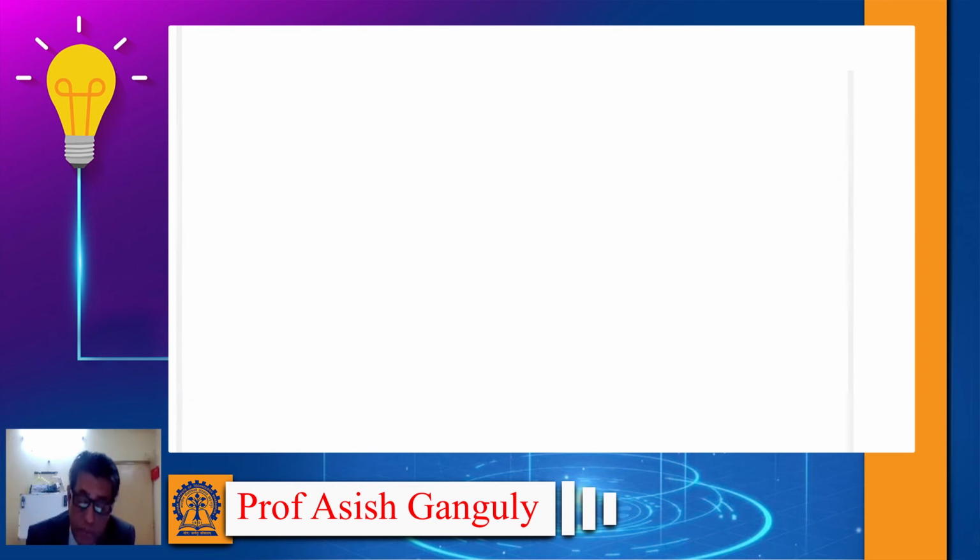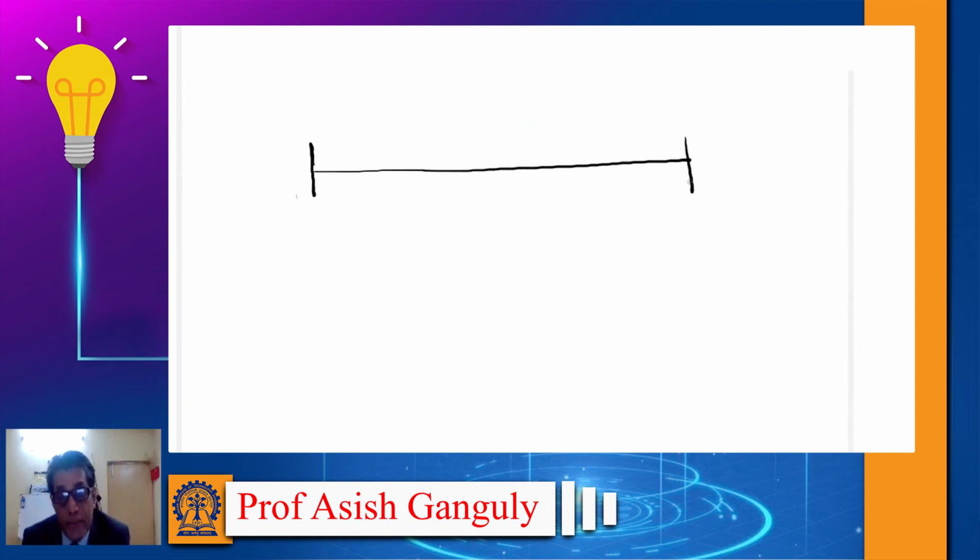In the next page, let me draw a sketch. Let me use black ink. So this is our axis. This is tied at both ends, and this is the equilibrium position when you did not give any disturbance to the string. Now you give a disturbance.